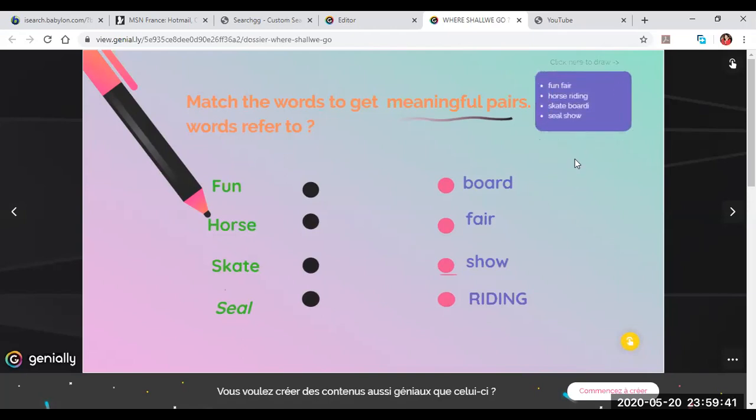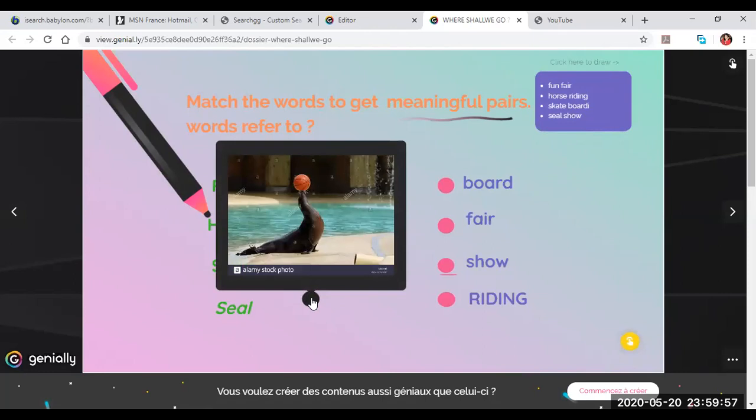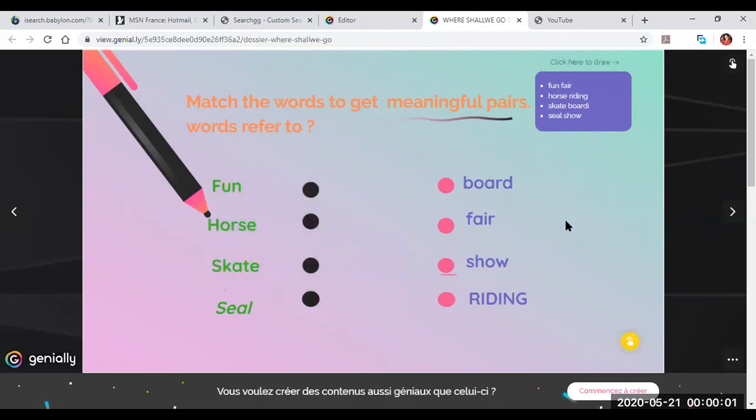Well done, guys. So the first pair, fun fair, then horse riding, skateboard, then seal show. If you're not familiar with what seal show is, then you have a picture here illustrating. All right. Okay, let's move on.